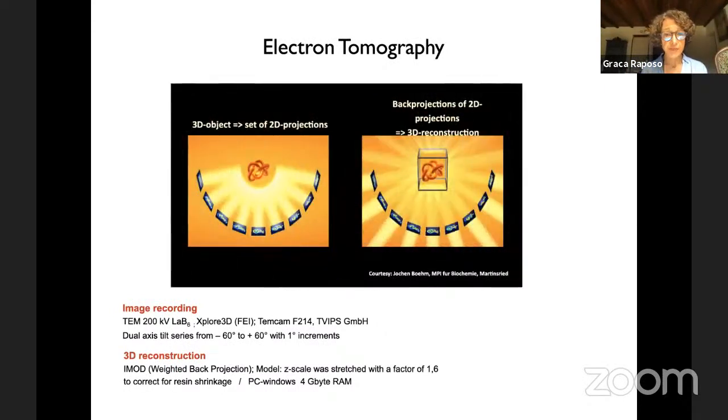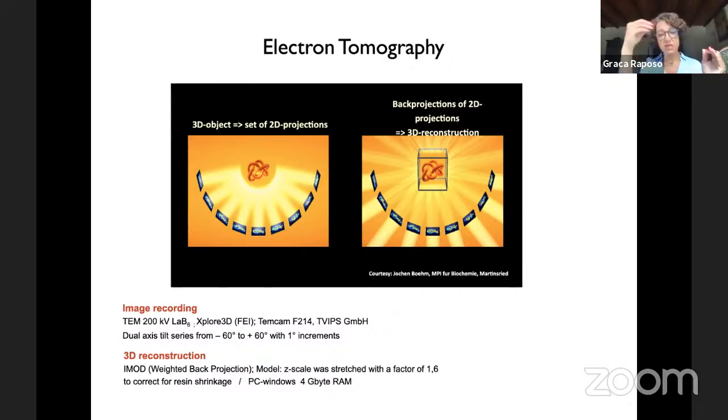And for that, you have electron tomography where you have your sample. You need thicker sections, and you have software in the electron microscopes that will be able to record the different images by tilting the specimen.